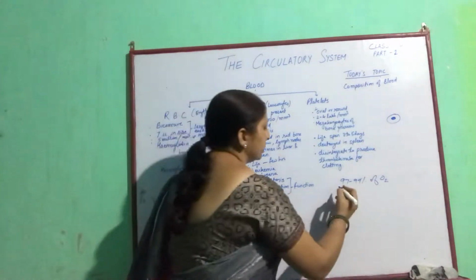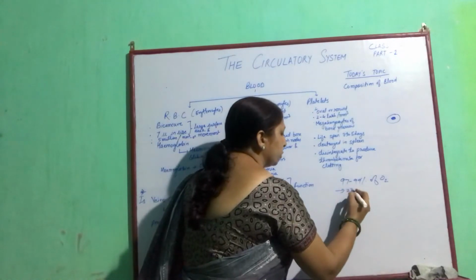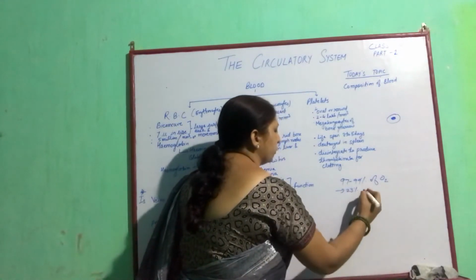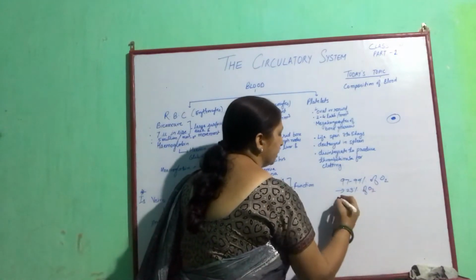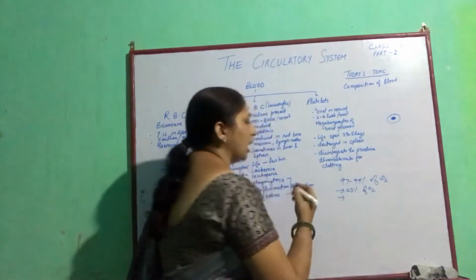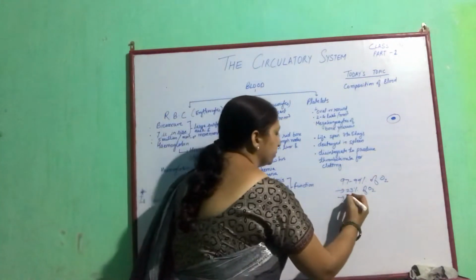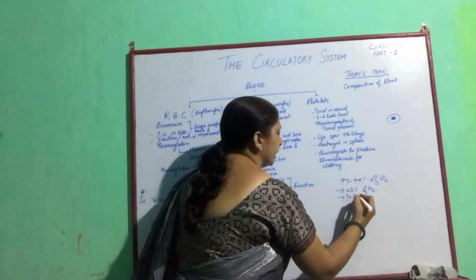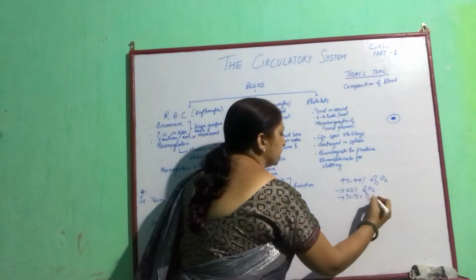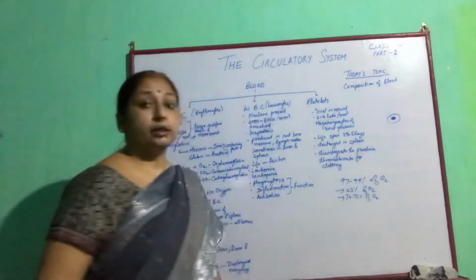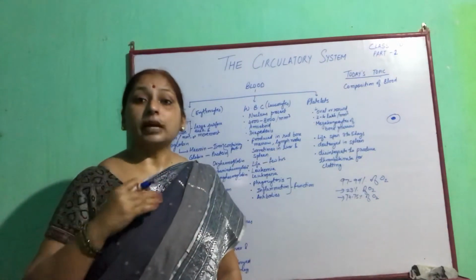In the organs, the blood releases only about 23% of oxygen and the rest, 74 or 75% of oxygen, is retained by the blood, which comes back through the vein.